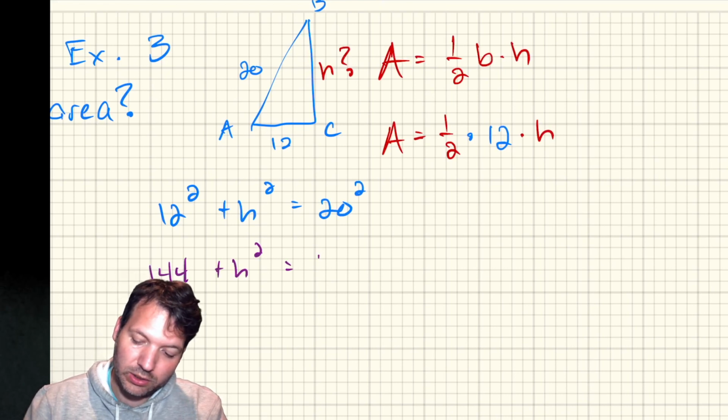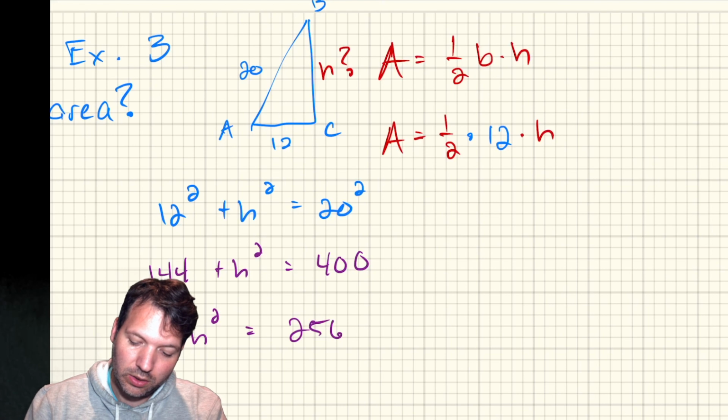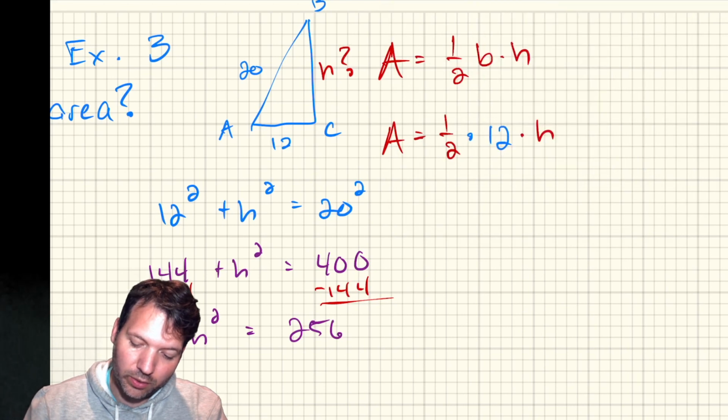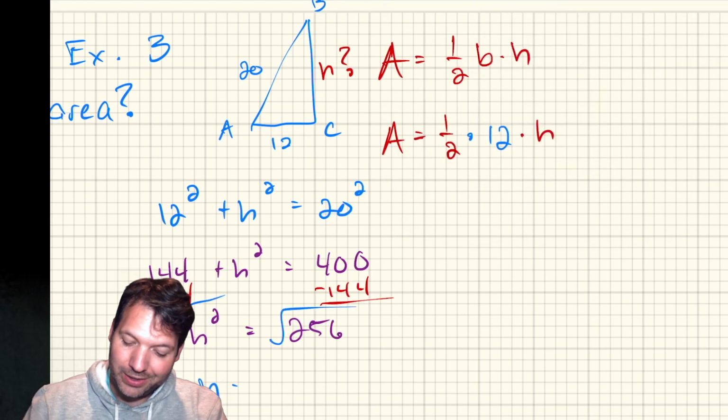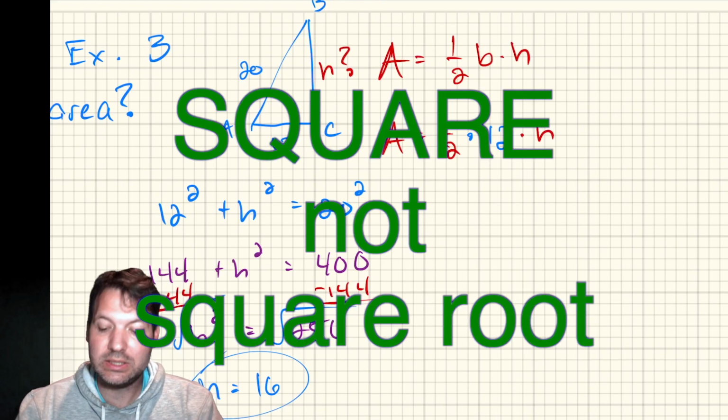144 plus h squared equals 400. H squared equals 256 when we subtract the 144 on both sides. And of course we take our square root. 256 happens to be a perfect square. It's the square of 16.